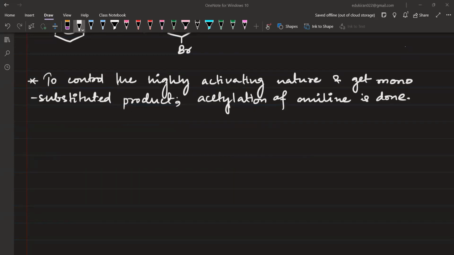Give reason acetylation of aniline. You will write this: to control the highly activating nature and get mono-substituted product. That's it. ठीक है. होता क्या, अब कैसे होता है उसके लिए अलग से देखेंगे, बट होता क्या है यहाँ पे, एसिटाइलेशन.